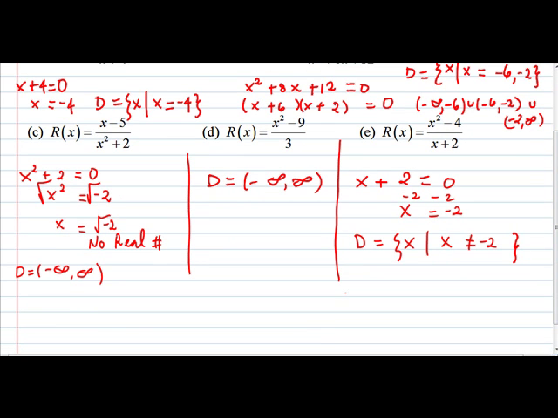If we'd like to write our domain in interval notation, just plot -2 here. Our domain cannot equal -2, so I cross out the -2. Our domain is any number from -infinity to -2, and any number from -2 to positive infinity. So here's -2 to positive infinity. And I put a union there, so that is our domain written in terms of interval notation.